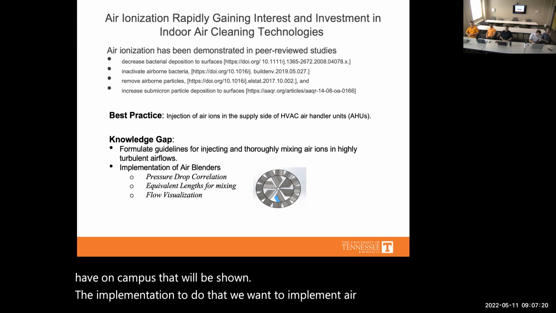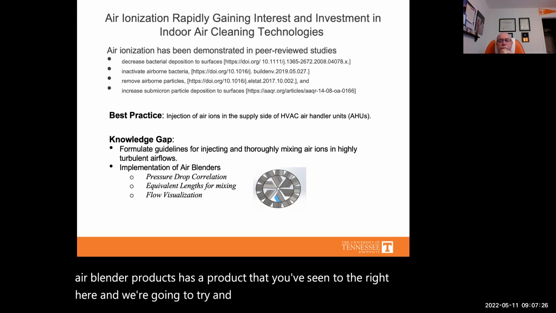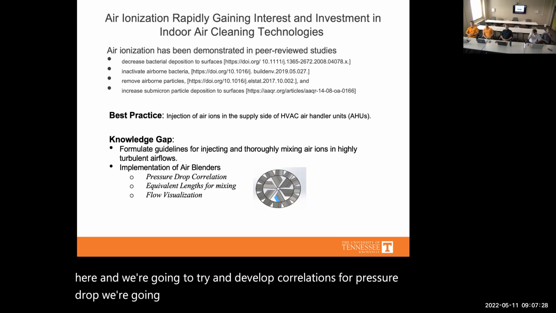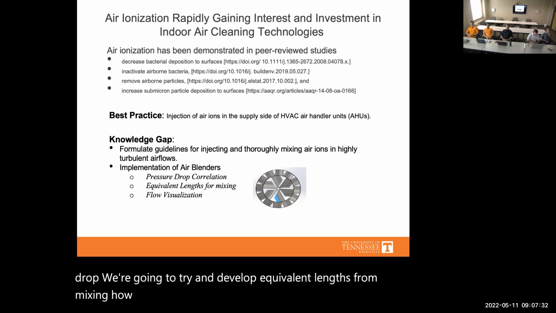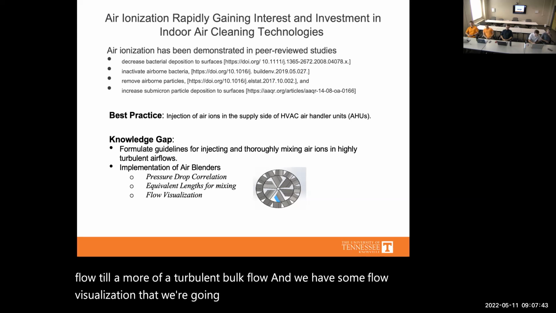Air Blender Products has a product that you're seeing to the right here, and we're going to do correlations for pressure drop. We're going to try and develop equivalent lengths for mixing. How far downstream will the mixing go from a rotational flow to more of a turbulent bulk flow? And we have some flow visualization that we're going to conduct.